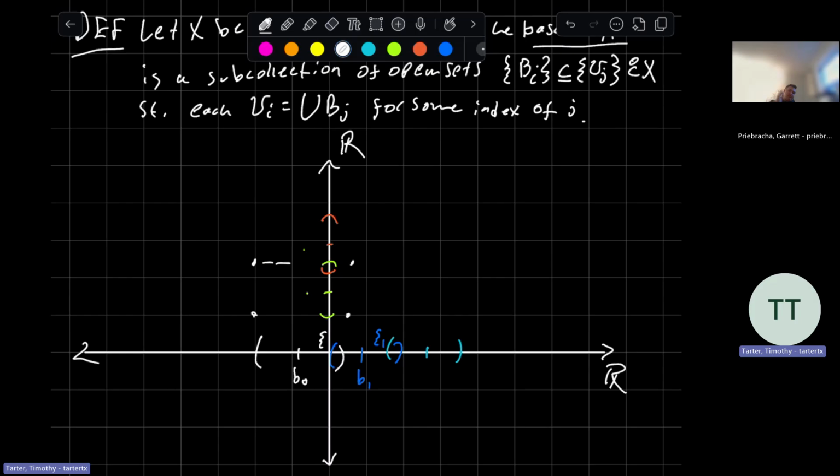It suffices that the product of these two open sets looks like this section, and then furthermore that the product of this other open set looks like this.